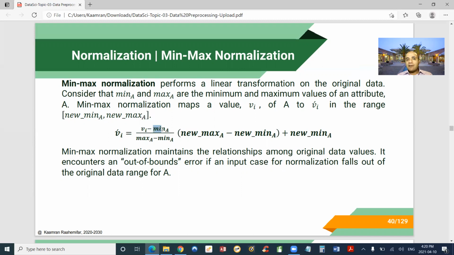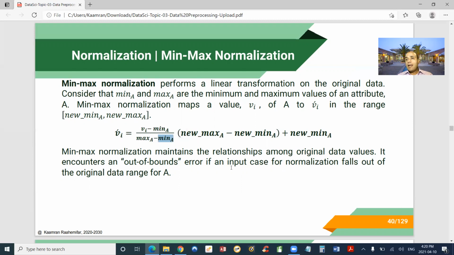I know what the minimum of the existing data is. I know what the maximum of the existing data is. I just want to see where this data is resting in that frame. So I'm going to say VI minus minimum A, over maximum A minus minimum A. That's the ratio. But then I'm going to map it into either an expansionary scale or a contraction way. I'm going to reduce the scale.